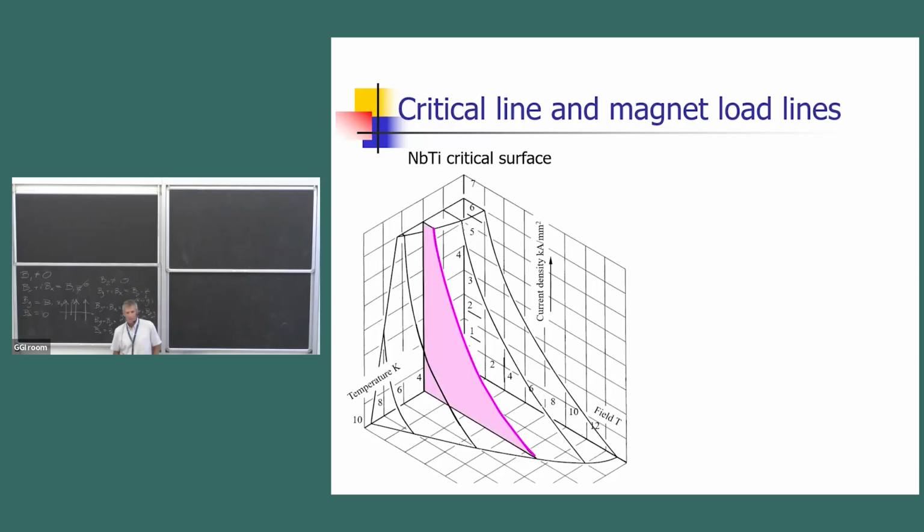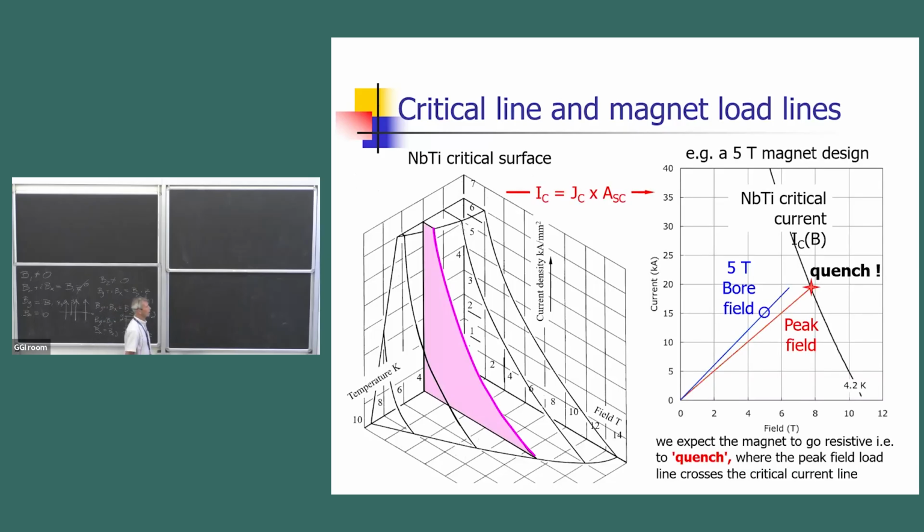Now imagine that I slice that surface. So I take a certain temperature, and then I slice the surface and I obtain the pink purple line here. Now, I have a certain critical current density, I call it JC. If I know the amount of superconductor I have, which I call A superconductor, ASC, then I can define a thing which is called the critical current.